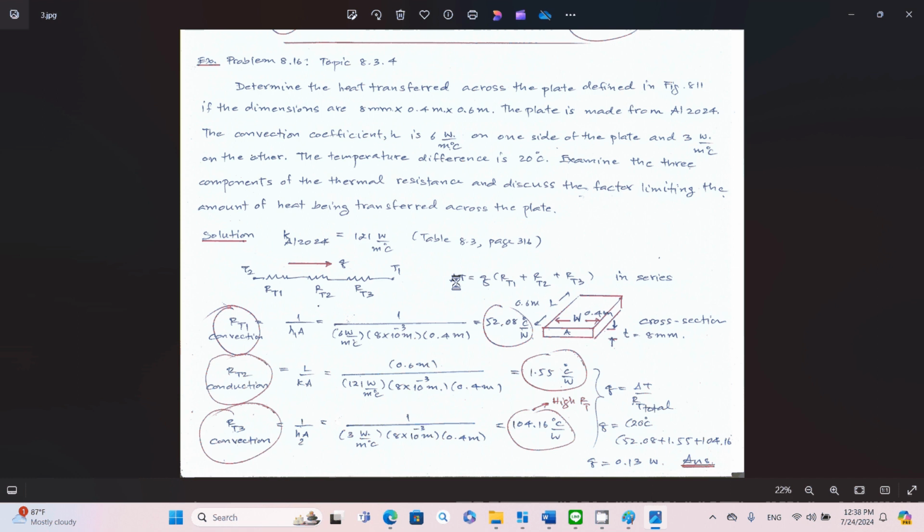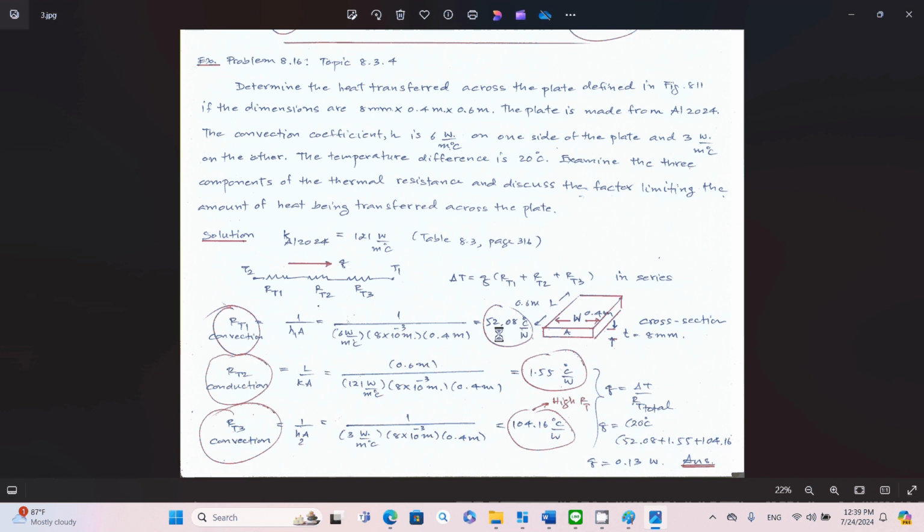And then you have T equal to Q RT. So just work out the thermal resistance for each element. The first one is the heat transfer by convection. You put 1 over hA. R2, that's the heat transfer by conduction, and R3, heat transfer by convection.